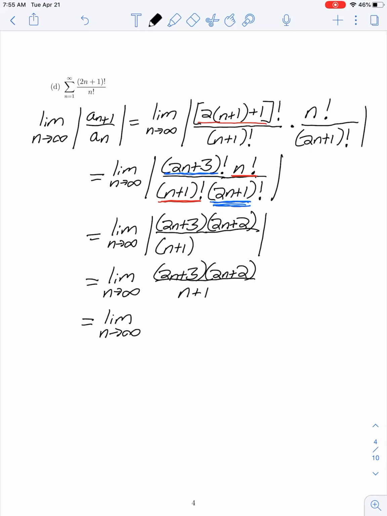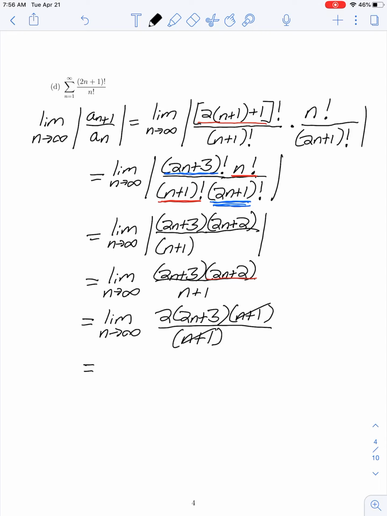One thing I could do is from this term, 2n plus 2 in the numerator, I can factor out a 2, and I'm left with 2 times (n plus 1) from that 2n plus 2 expression, times (2n plus 3). And then I'm dividing by n plus 1, so I can now cancel a factor of n plus 1 in the numerator and denominator.